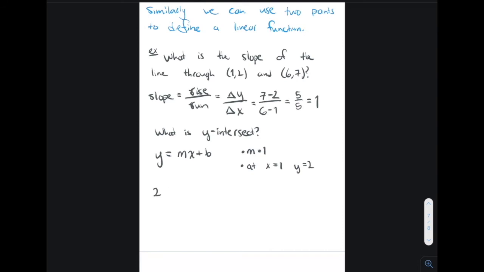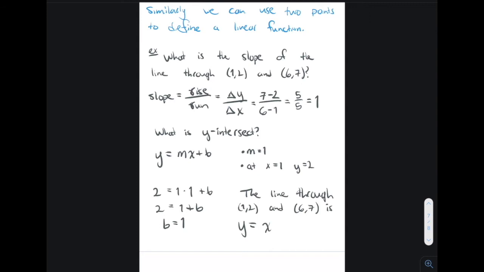So we can make the substitutions for y, m, and x to get that 2 equals 1 times 1 plus b, which will give us that b equals 2 minus 1, which is 1. Altogether, the line through 1, 2 and 6, 7 can be expressed as y equals x plus 1.